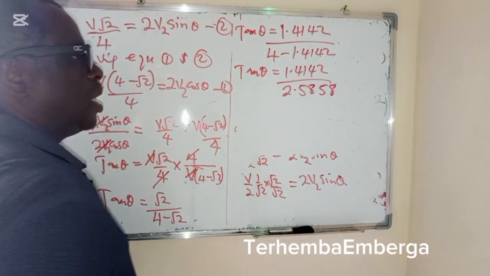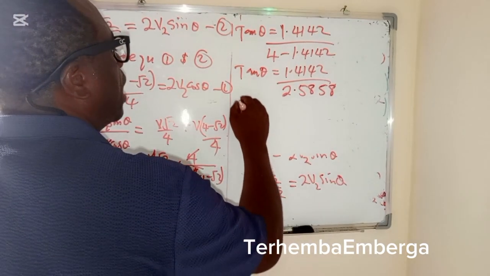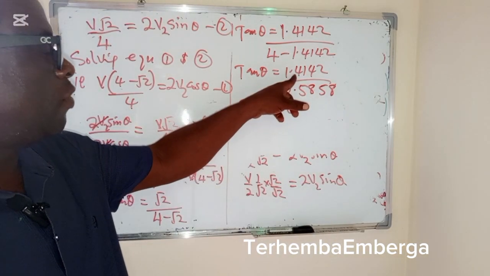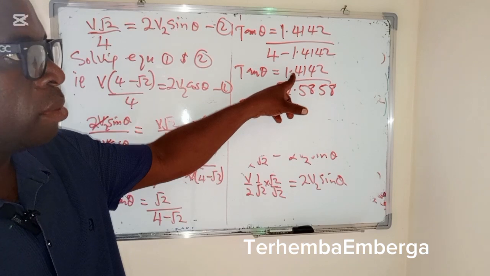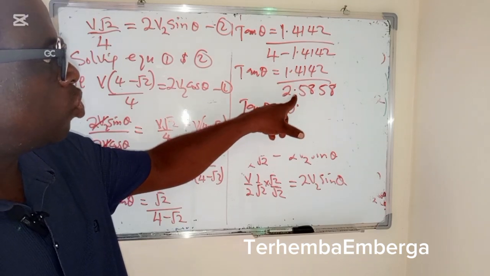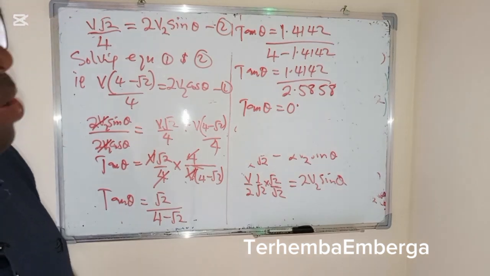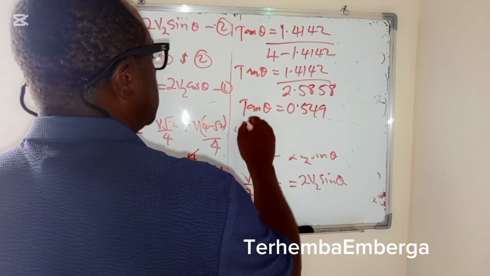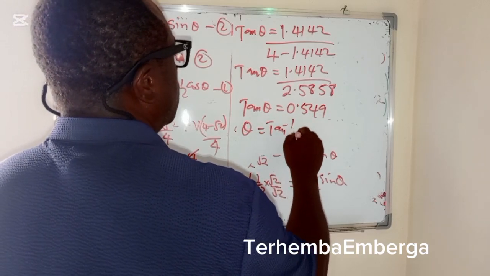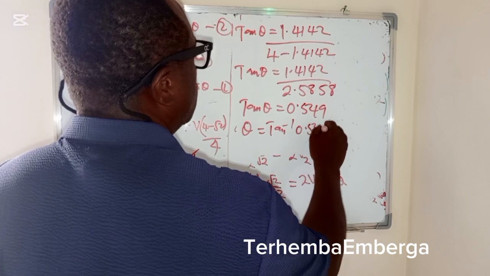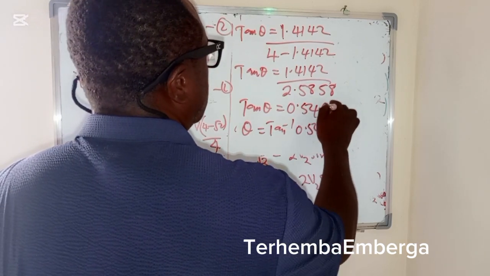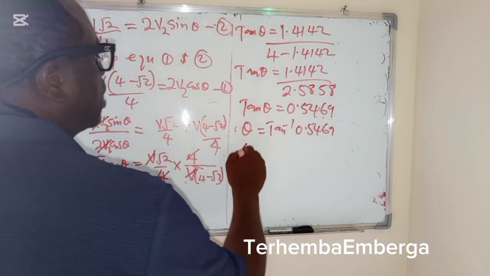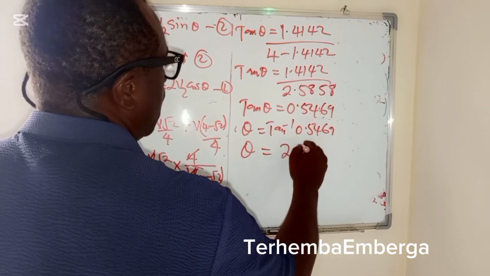If you now divide 1.4142 by 2.5858, that will give us 0.5469. So theta will be equal to tan inverse of 0.5469. By the time you use your calculator, we'll have our theta equal to 29 degrees.